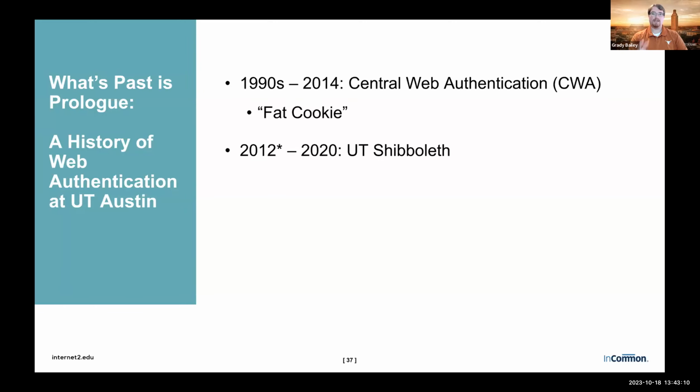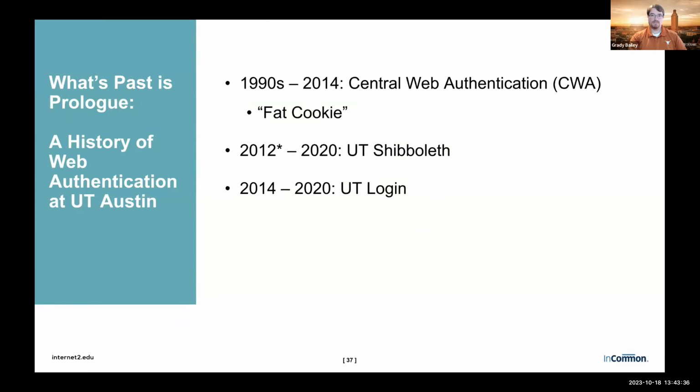That made up a UT Shibboleth service that, from the best records I could get, was part of the IAM team back in 2012, and it ran until we retired it in 2020. And then we had UT Login. This was an implementation of a vendor product, and that came up in 2014, and we ran that until 2020.